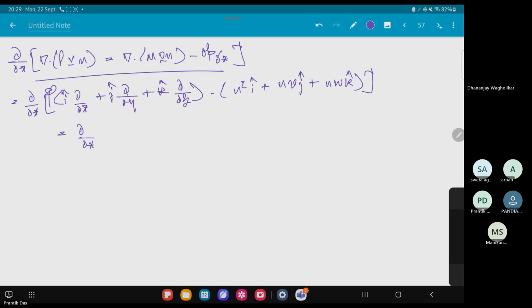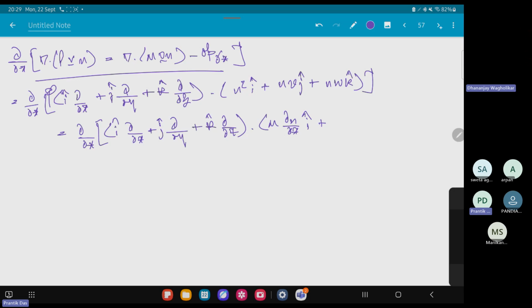i cap ddx of plus j cap ddy of plus k cap ddz of. Okay, so this multiplied by mu of du dx i cap plus mu of du dy j cap plus mu of du dz k cap, minus of dp dx.